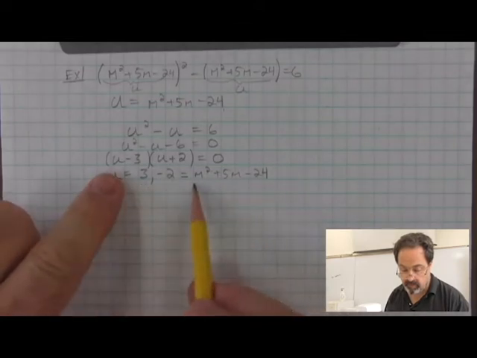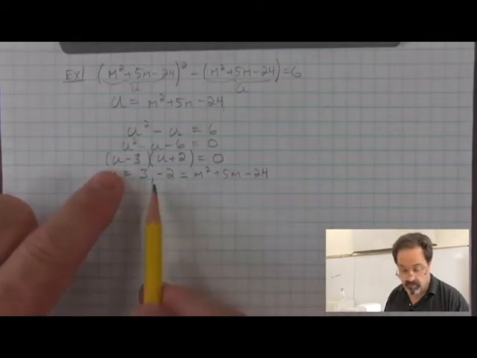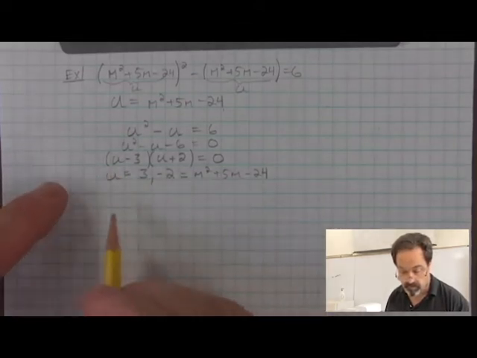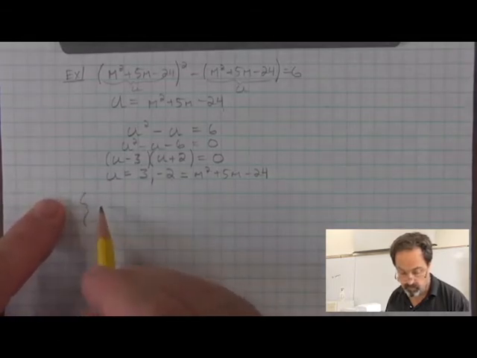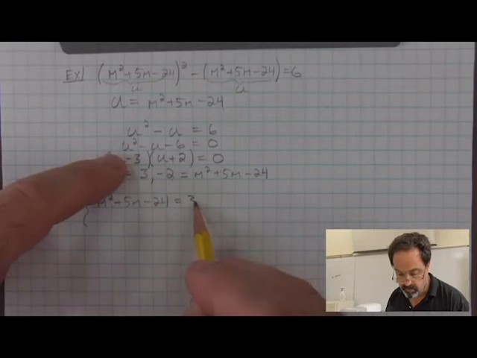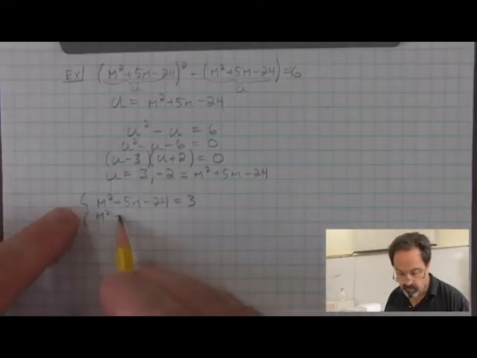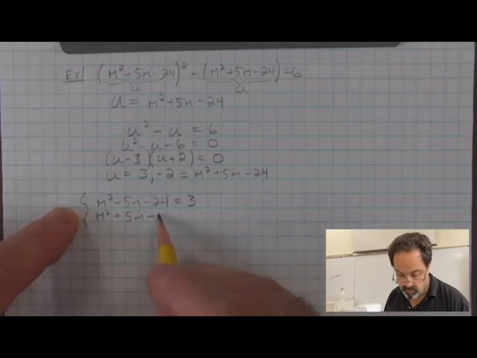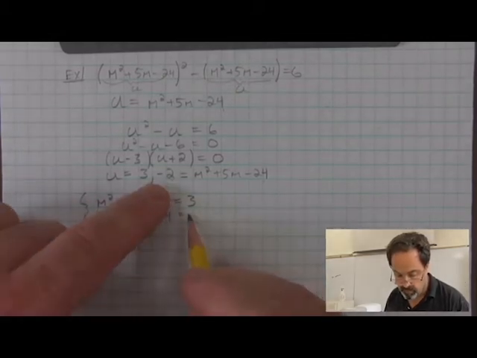In this case, this expression, which is quadratic, is equal to two different values, so this is equivalent to finding solutions to m squared plus 5m minus 24 equal to 3, and m squared plus 5m minus 24 equal to negative 2.